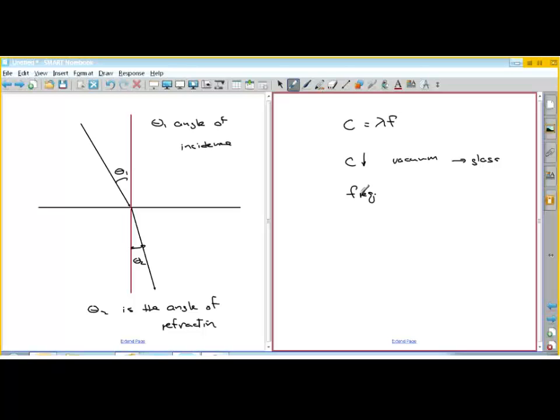Frequency is unchanged. So what has to happen is that the wavelength has to get shorter for the same transition. It depends upon how much the speed of light decreases in a material. It depends on how much the wavelength changes, and the wavelength change will relate to how this thing bends.